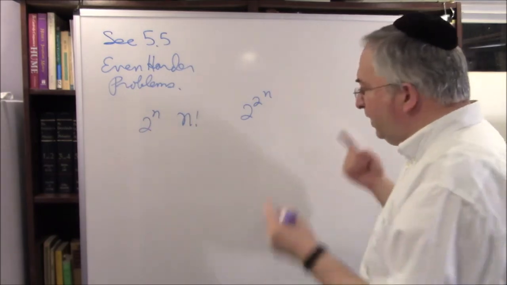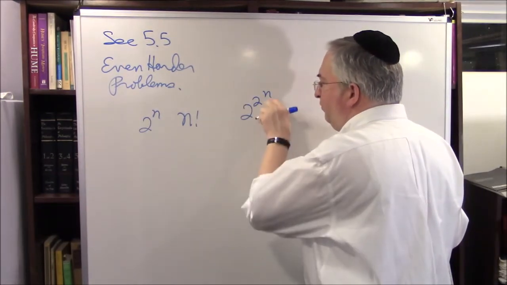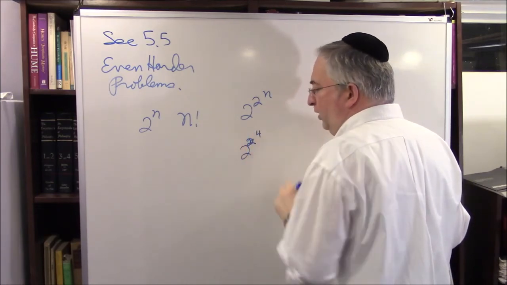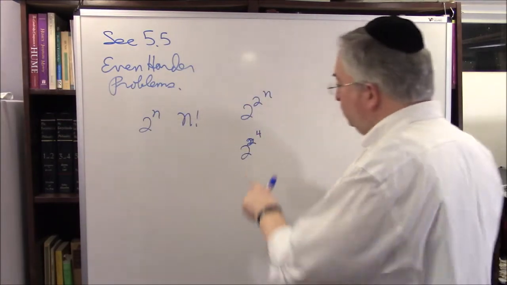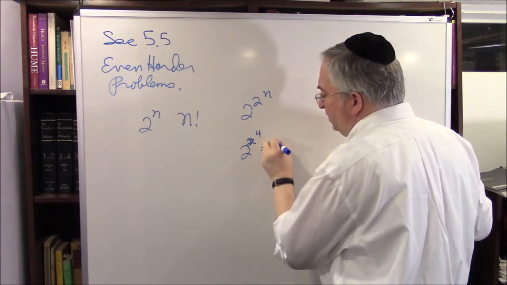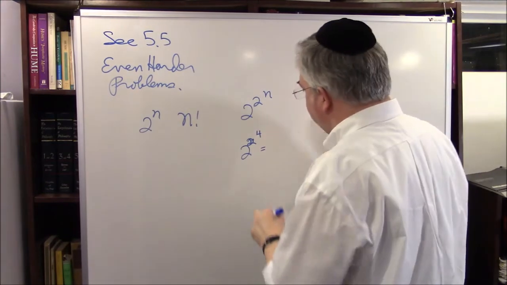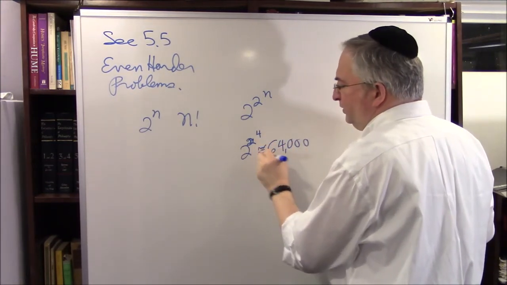Now, I just want to show you how hard a problem this is. If you plug in the number 4 here, you get 2 to the 2 to the 4. 2 to the 4 is 16. So 2 to the 16 is, I think, something like 64,000, around 64,000.